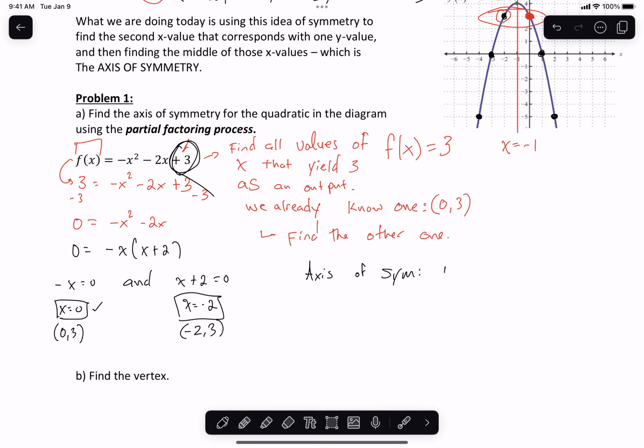So I could take 0 plus negative 2 divided by 2. What's negative 2 divided by 2? Negative 1. The equation of the axis of symmetry is going to be x equals negative 1. Does that or does that not check out with what's on our graph right now? I think it does.